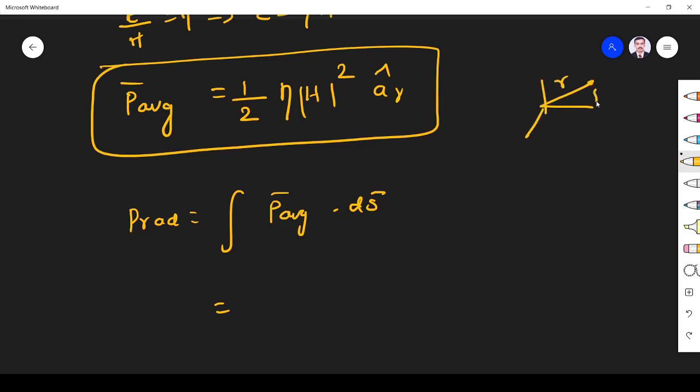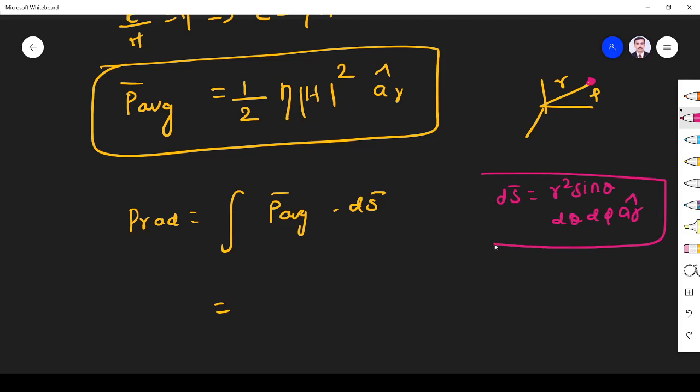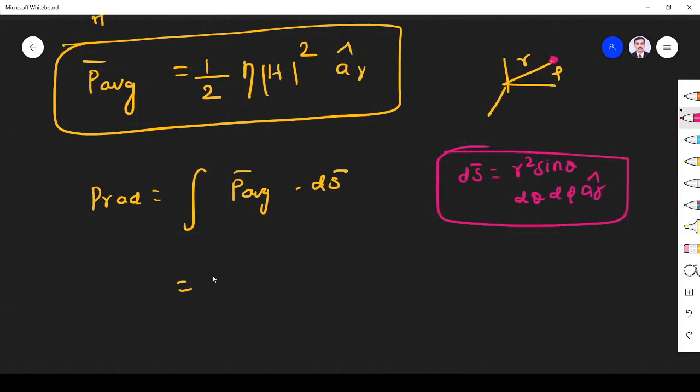Hope you remember; that is why I told you to refer to my video on HC and dipole first. In the r direction, the surface area is given by r squared sin theta d theta d phi a r. That is the surface area for the spherical coordinate system. If you have any doubt, please refer to my video on the spherical coordinate system.